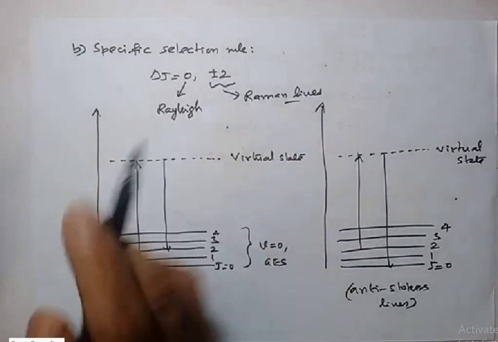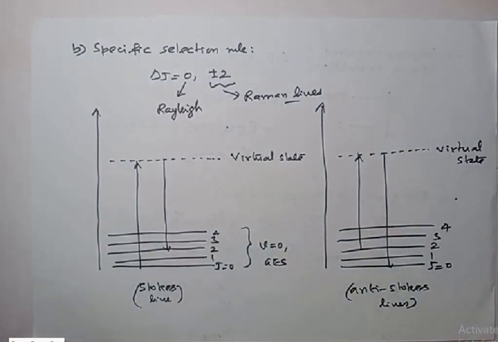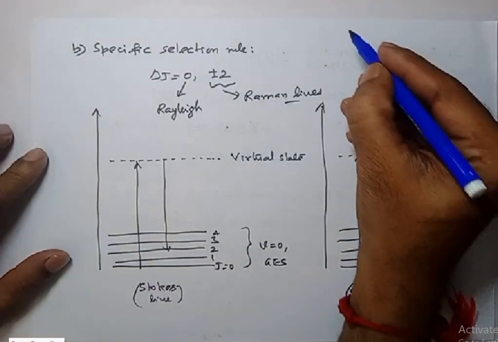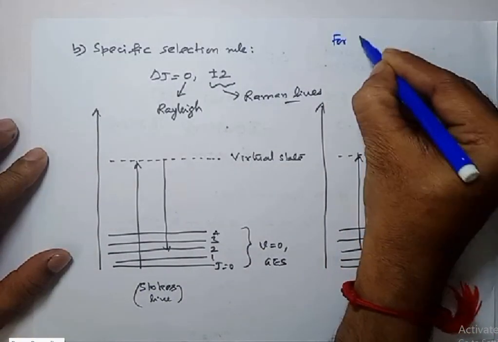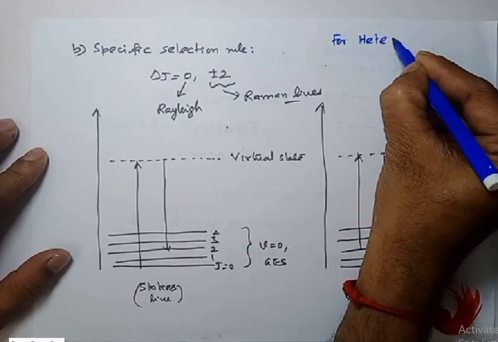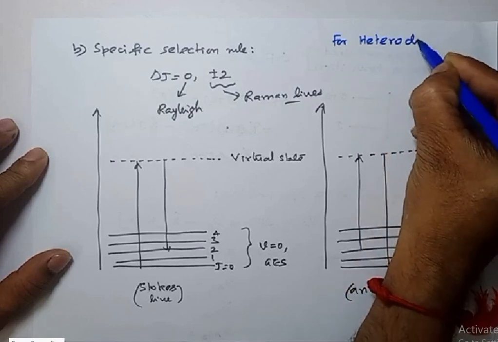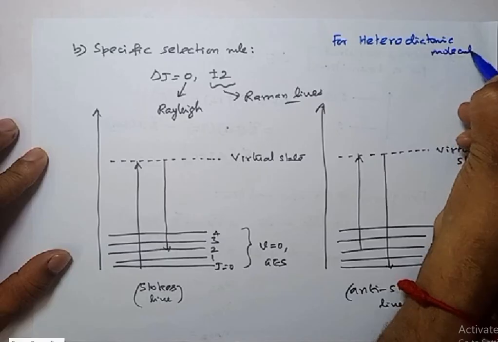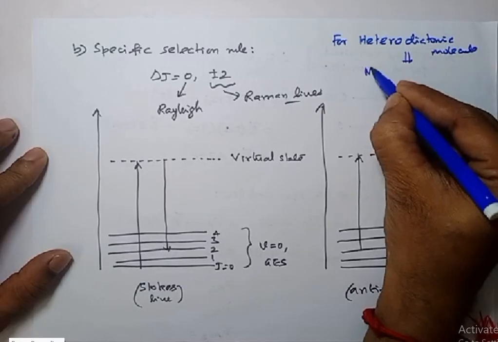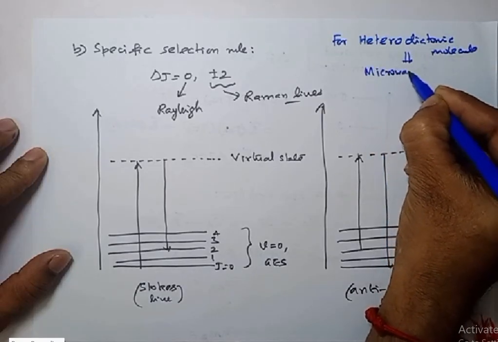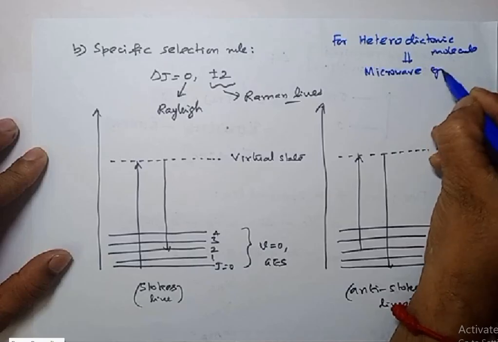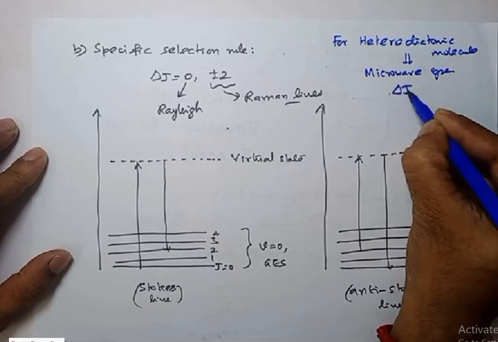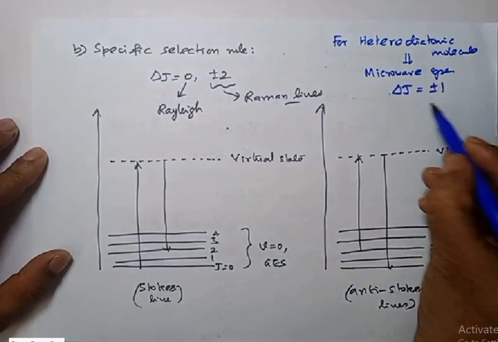Remember, this is very, very important. In microwave spectroscopy, for heterodiatomic molecules, which we have discussed already, the change in J should be plus 1 or minus 1. This is the condition.